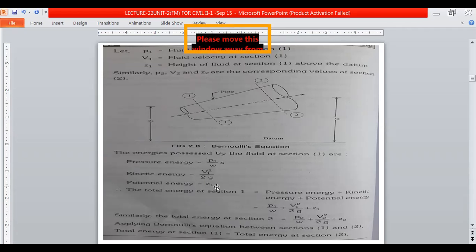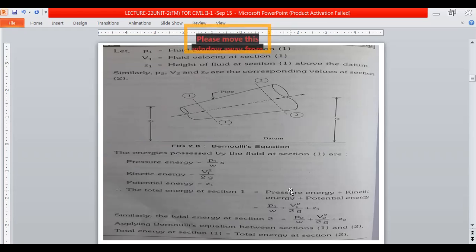Potential energy is Z1. So the total energy at section 1 is the sum of pressure energy, kinetic energy and potential energy: P1 by W plus V1 square by 2G plus Z1. Similarly, the total energy at section 2 is P2 by W plus V2 square by 2G plus Z2.